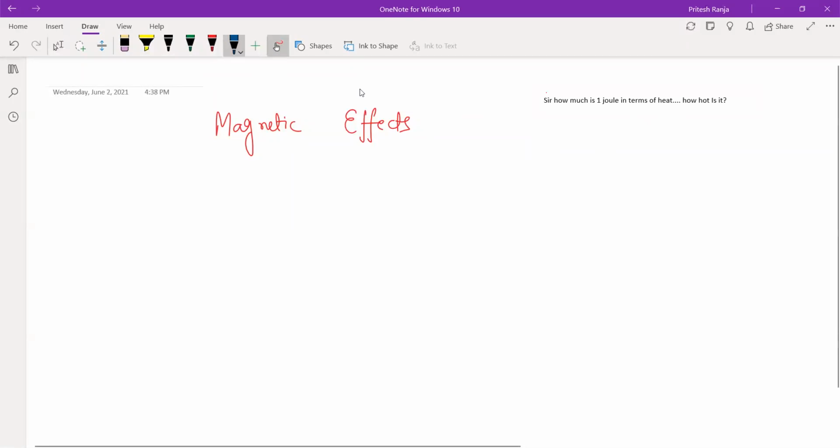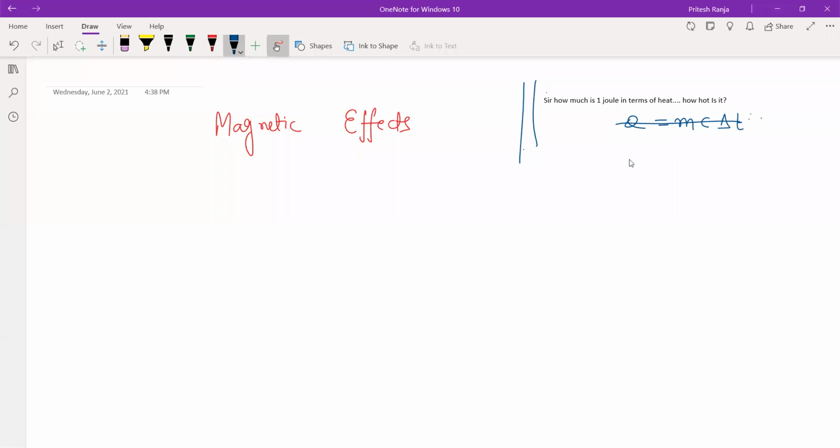With respect to what object do you need it? Generally we define heat using the expression mc delta t. These are higher class topics, so I'll give you a basic idea. You need to confirm for which body you are talking.